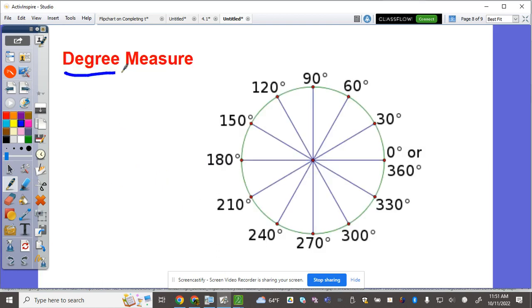Now with the degree measure, it's easier for students to understand, because we always start with our initial side right here at 0 degrees. If it goes counterclockwise, it's positive. This much is 30 degrees, 60 degrees, 90 degrees, 120. We all know when you turn your back, it's a full 180 degrees.